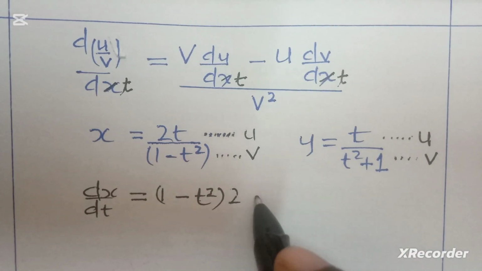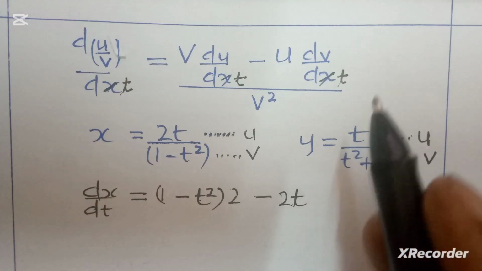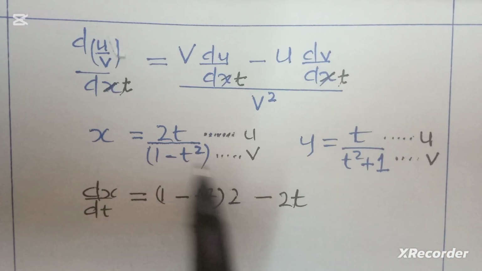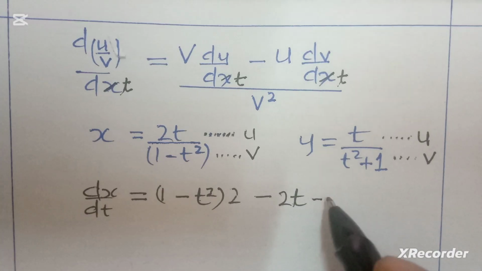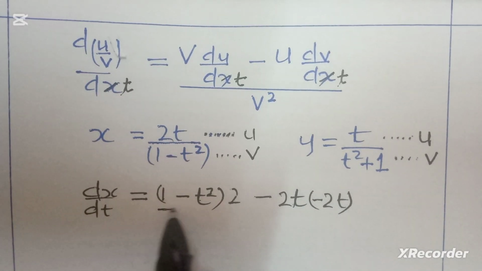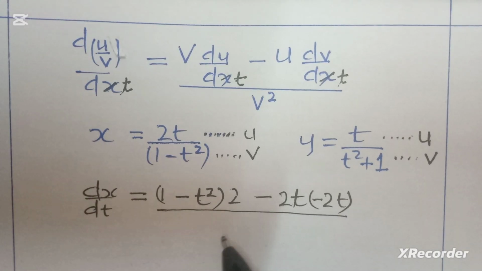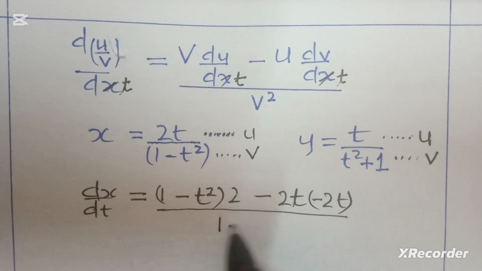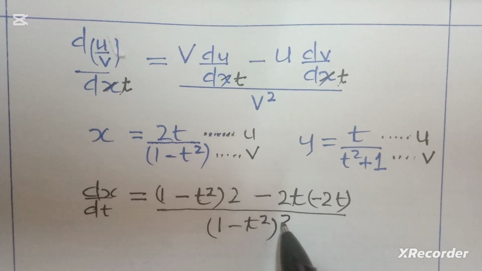Then minus u is 2t. Then dv dt, that one gives us minus 2t, like that, all over v squared, 1 minus t squared, and again it is squared.